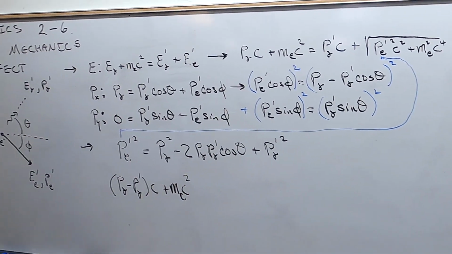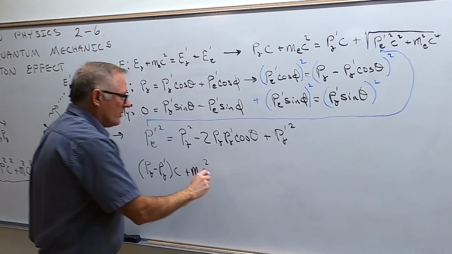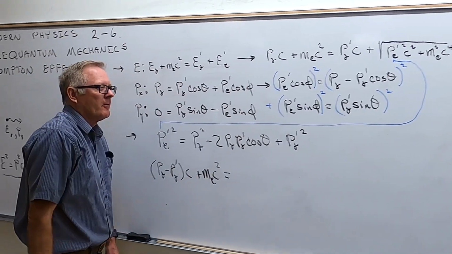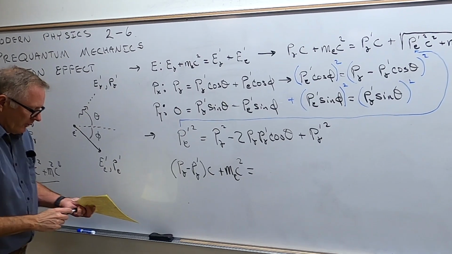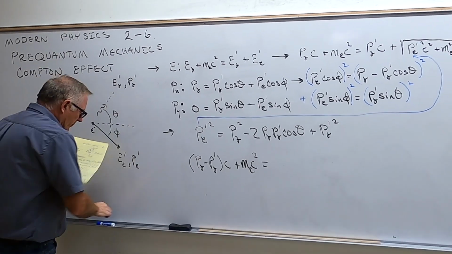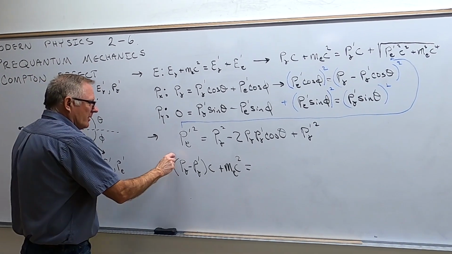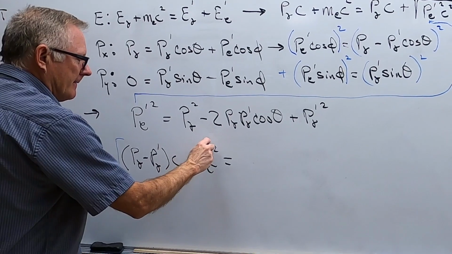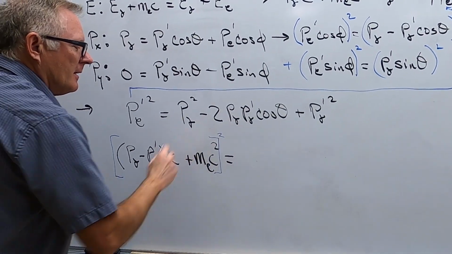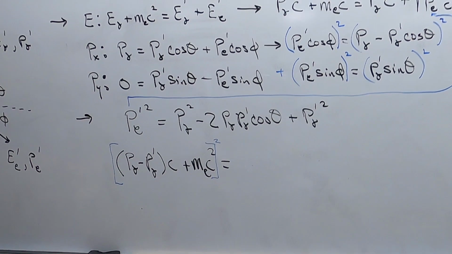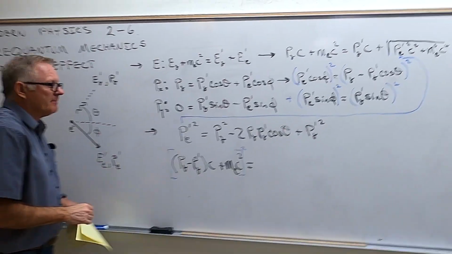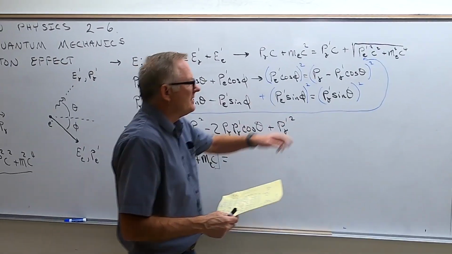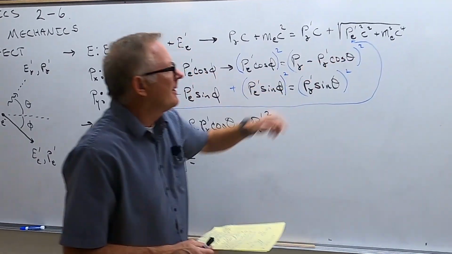Okay, so that's the left-hand side, and that equals the square root term over there. Well, what I wanted to do was square both sides. So I'm going to square this. And so then I only have what's inside the square root. So all I have is what's inside right there.